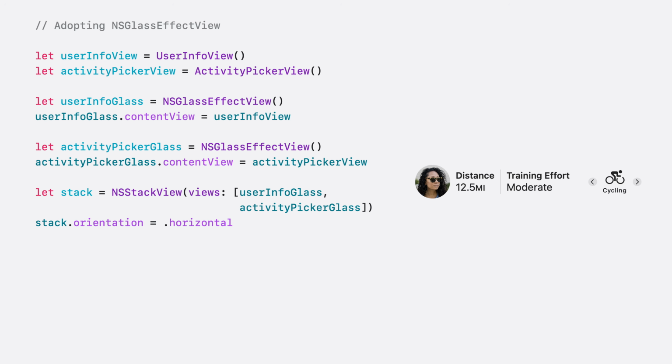First, create an NSGlassEffectView for each glass element that you want to display, and set each one's content view property to the desired view. The GlassEffectView ties its geometry to the content view using auto layout, so you don't have to worry about keeping them in sync. Then, put the GlassEffectViews into the view hierarchy. In this example, I updated the stack view to swap in the new GlassEffectViews.